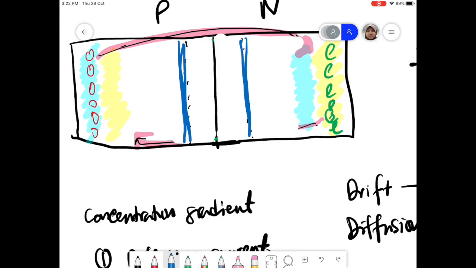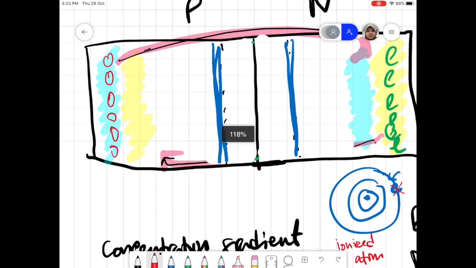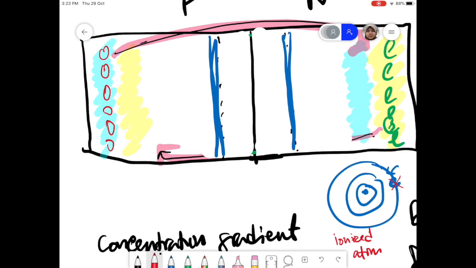So imagine an atom which is neutral before, and it loses one electron. What happens to it? It becomes an ionized atom, or charged atom. So at this region where recombination occurs, you are left with ionized atoms.